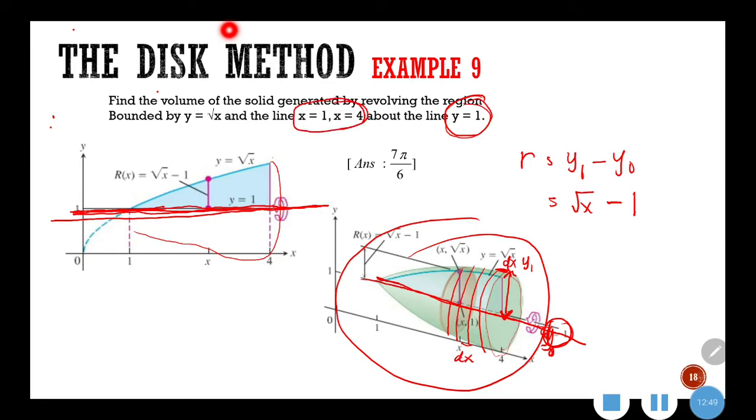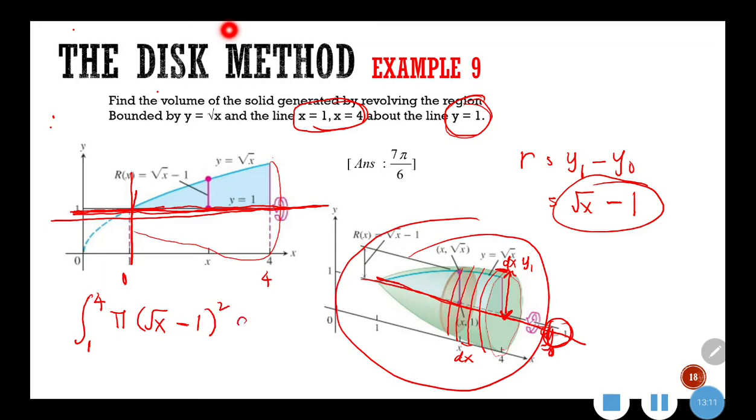So meaning to say dia punya integration now, take note as well, dia punya region tu is from x equals 1 to x equals 4. So maknanya integration is from 1 to 4 of pi. Radius now is square root x minus 1. So pi times square root x minus 1, squared, dx. Okay, so you should be able to solve this.